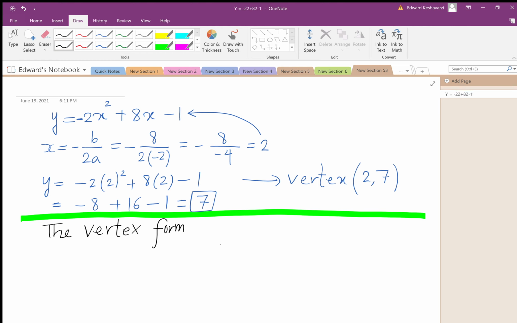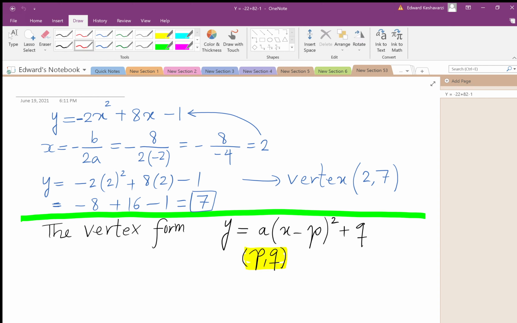If a quadratic function is given as a(x minus p) squared plus q, you don't need to do anything to get the vertex, because the vertex can be seen, and the coordinates of the vertex are p and q in this case. This is why we call it vertex form, because by looking at it you can determine what the vertex is.